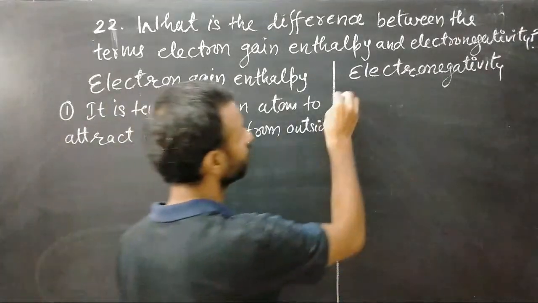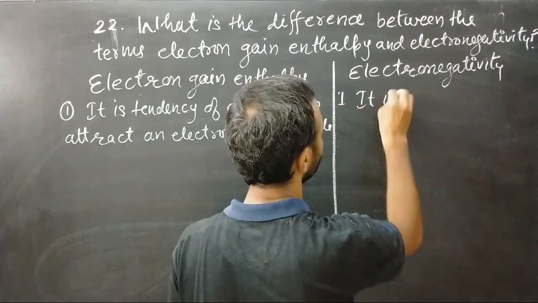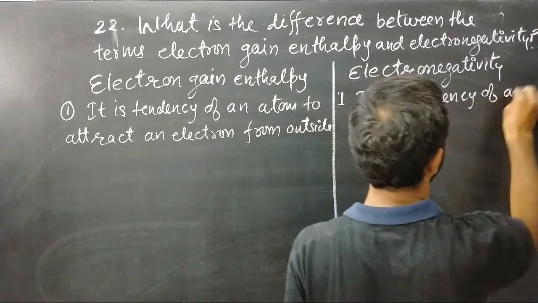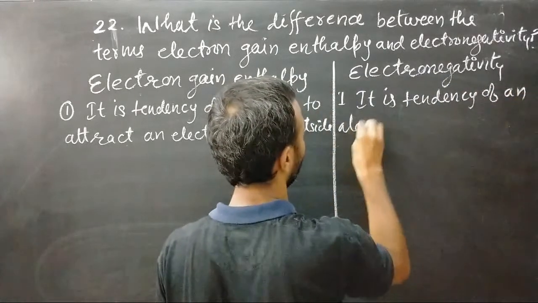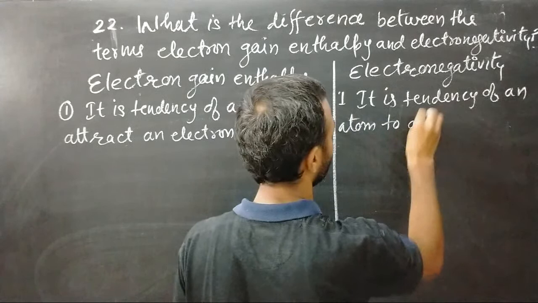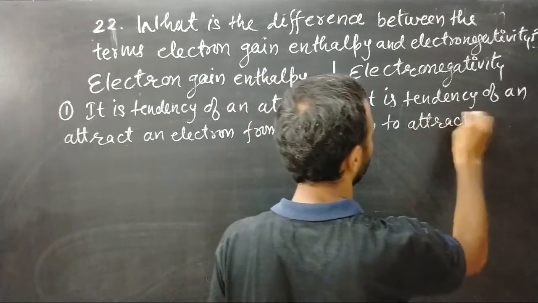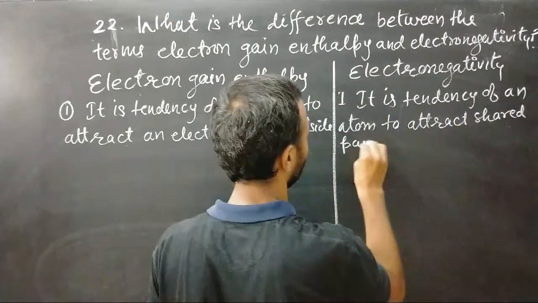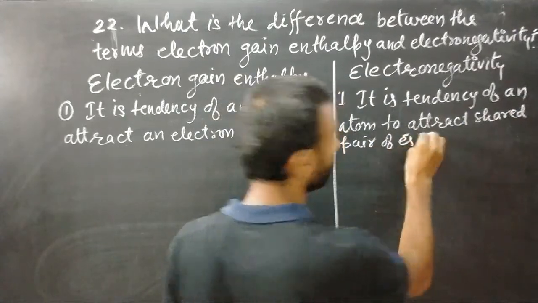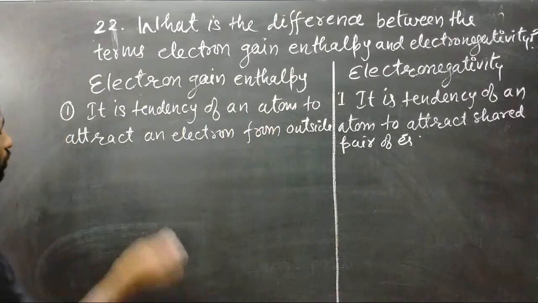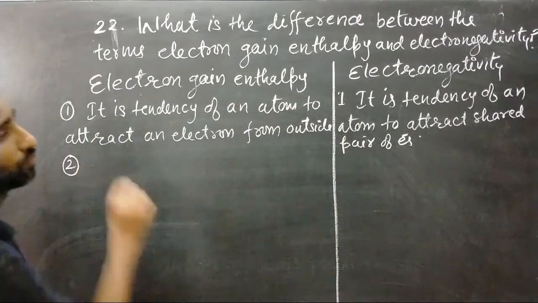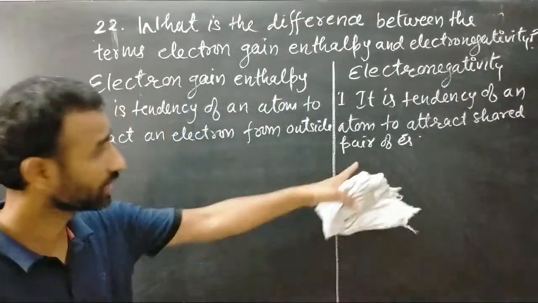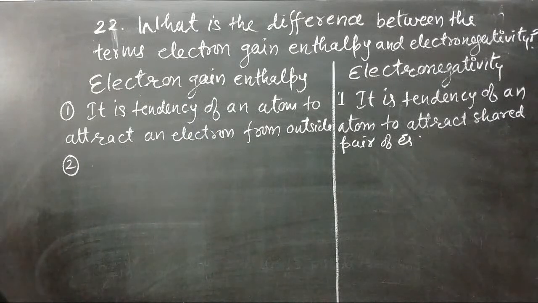And electronegativity is the tendency of an atom to attract a shared pair of electrons. Right? Now, in electron gain enthalpy, we have an isolated gaseous atom. But in electronegativity, the atom should be bonded.